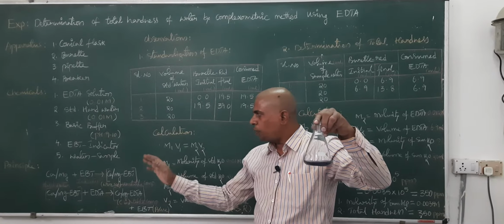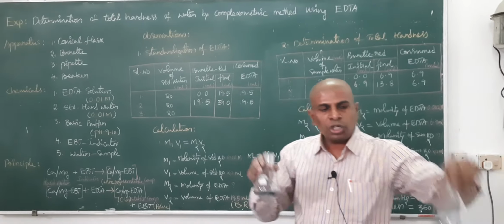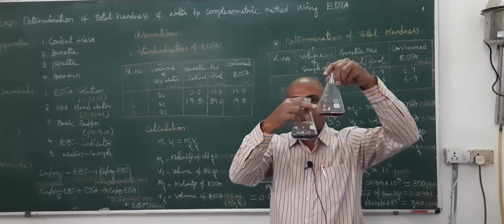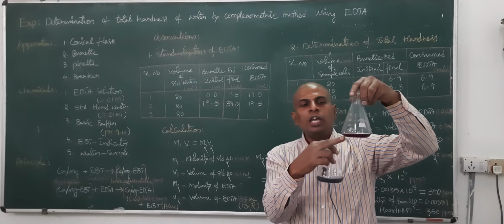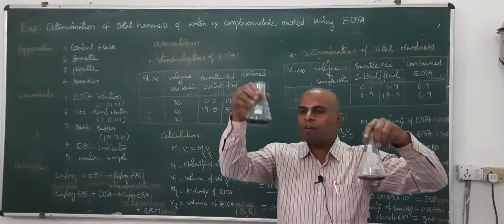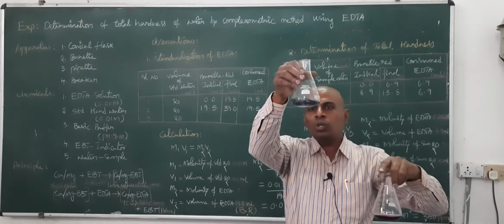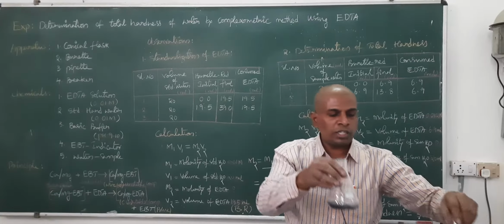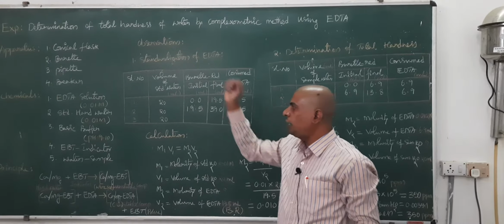So in the principle, the wine red color turns into blue color. The hardness causing salts combined with EBT indicator give wine red, and when titrated with EDTA it turns blue, which is a stable complex. This is the principle involved in the EDTA method.